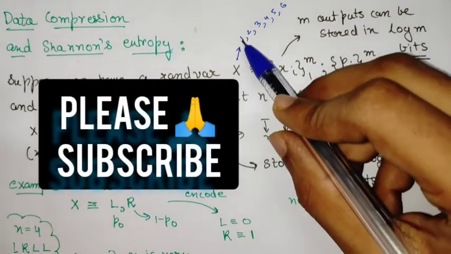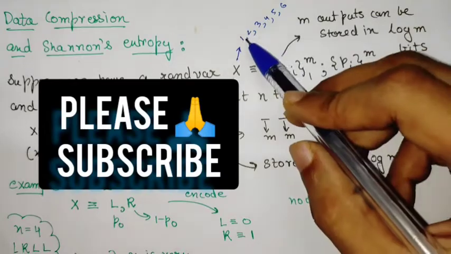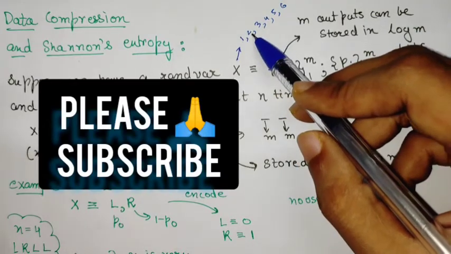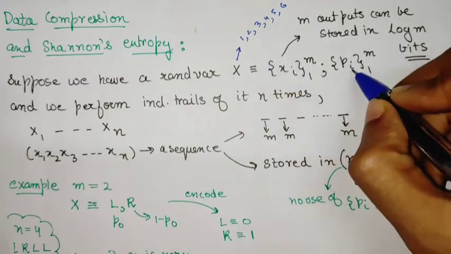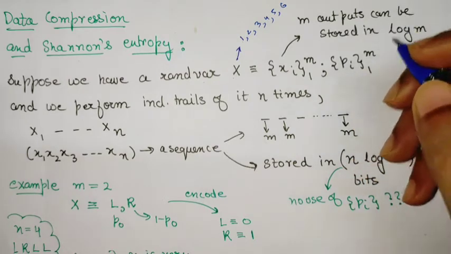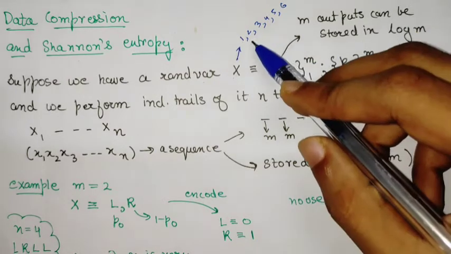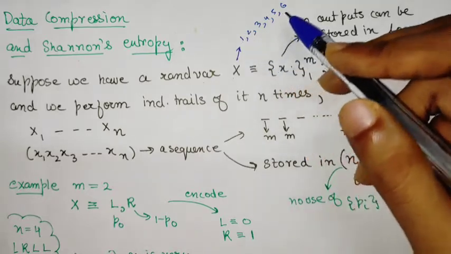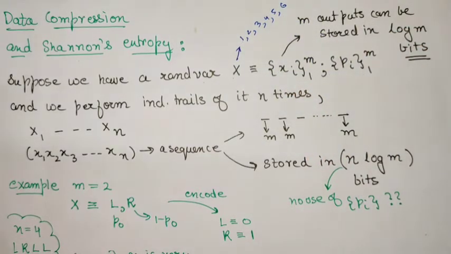Each of these events, for example getting 3 or 2, occurs with a probability, and in the case of an unbiased die we know that the probability is uniformly distributed and it is 1 over 6. But if we have a biased die, then the probabilities can be different.